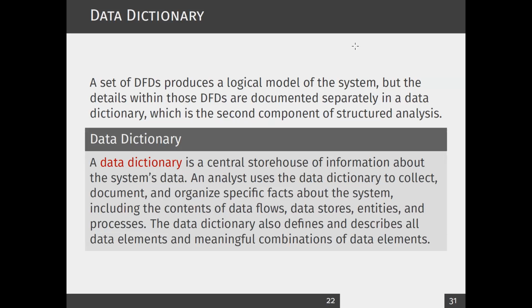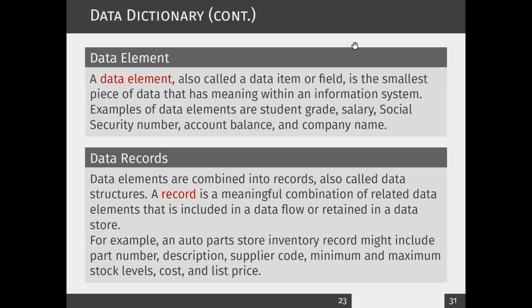This includes the content of data flows, data stores, entities, and processes. Simply, you can say the data dictionary defines and describes all the data elements and all the combinations of data elements in a meaningful way.